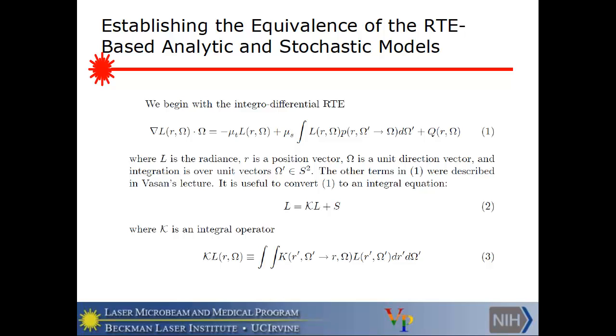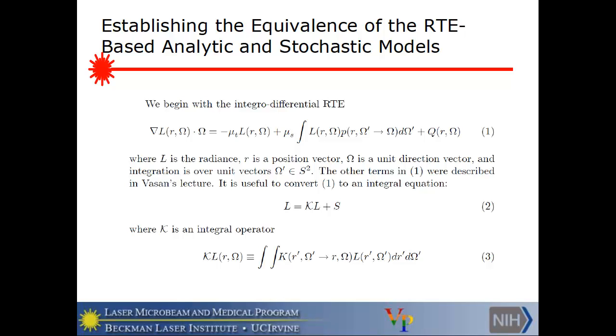So you get an equation in which L, the radiance, is the solution, and K is an integral operator defined by a function called the kernel. The kernel K takes you from location r prime and direction omega prime to another direction omega and at a location r.